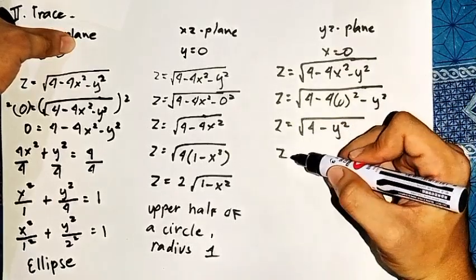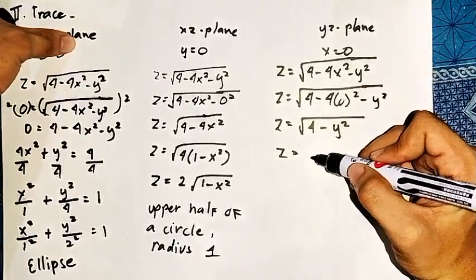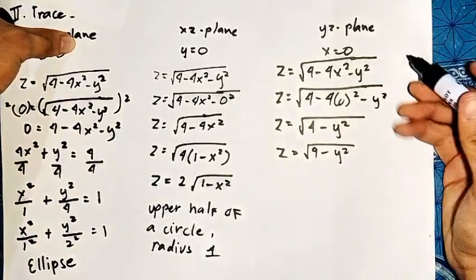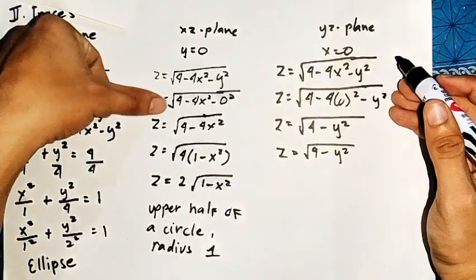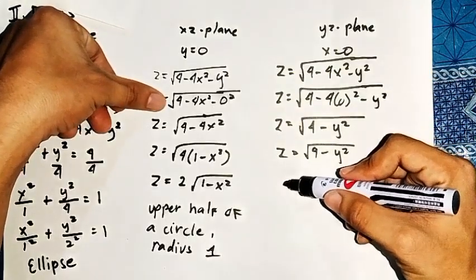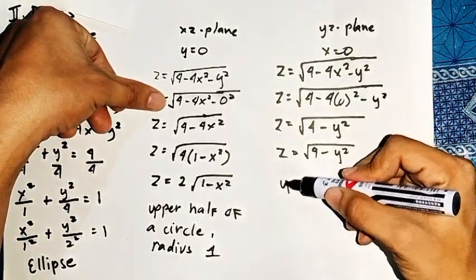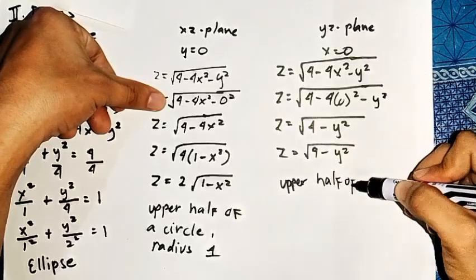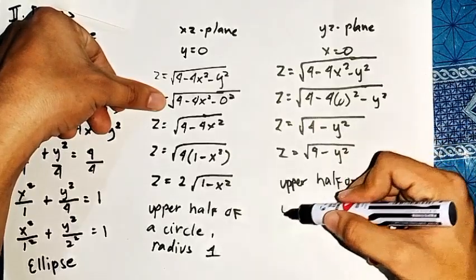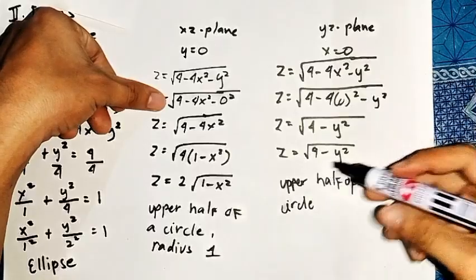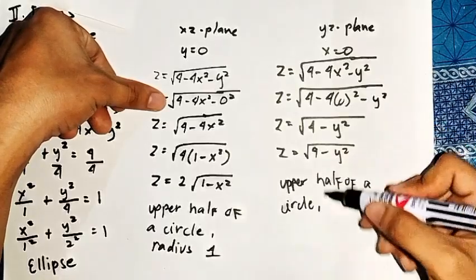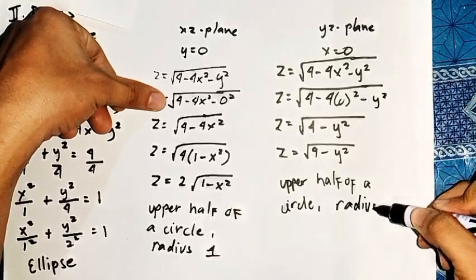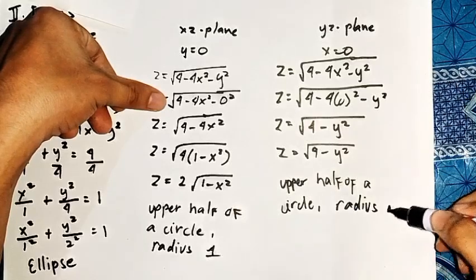Now it also looks like an upper half of a circle with a radius of, since it's 4, a radius of 2. Radius of 2.